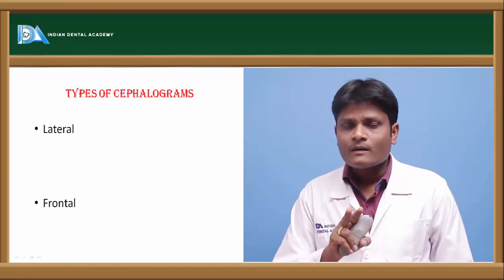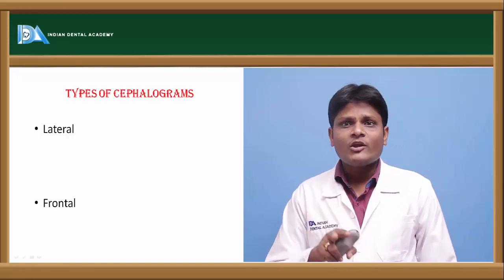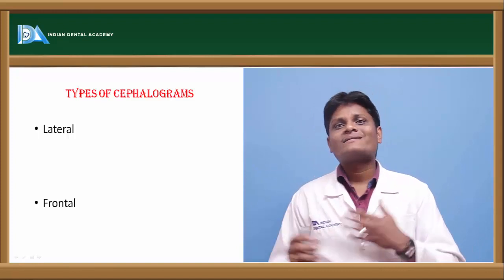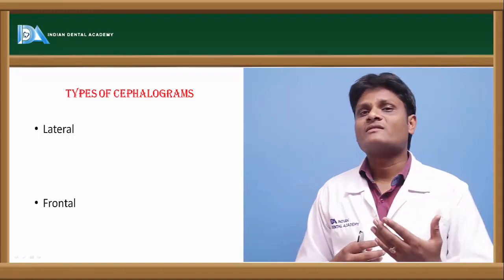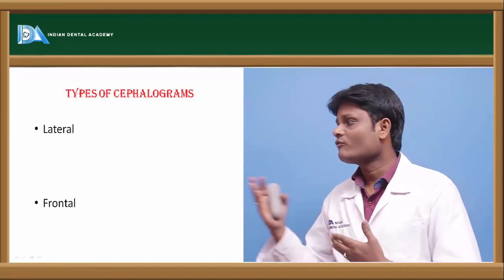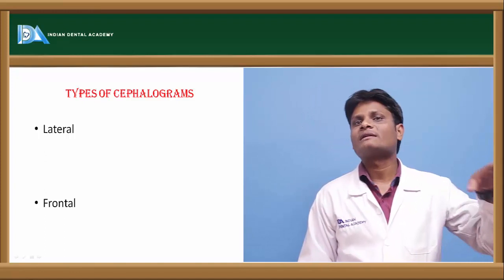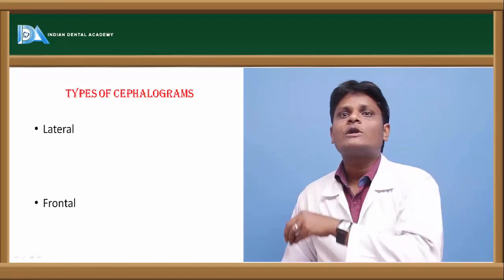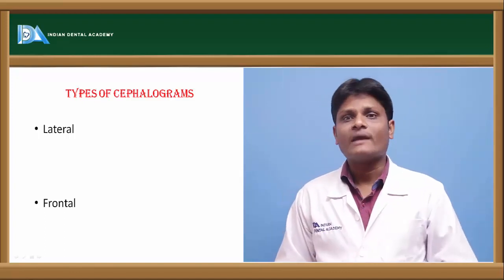That means any case of facial asymmetries can be evaluated and studied by using frontal cephalogram, whereas any cases of vertical as well as sagittal discrepancies can be better studied by use of lateral cephalograms. Usually for every patient we will prescribe a lateral cephalogram, and posterior anterior cephalogram is reserved for only those patients who present with gross facial asymmetries.